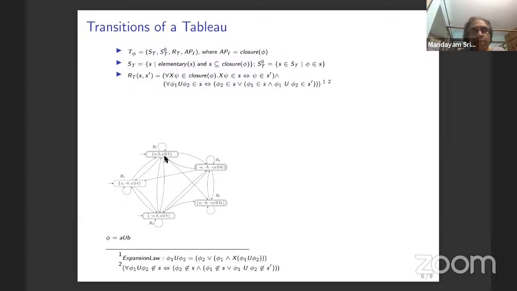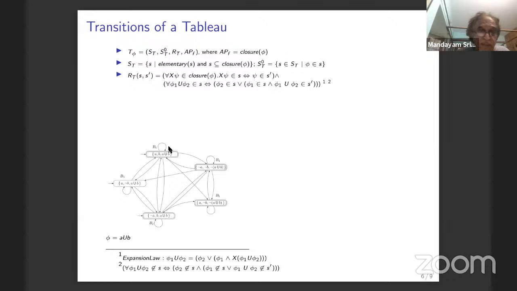So take the example of B1. There it satisfies phi2 of S, because B belongs to it. So phi2 belongs to B1. Therefore, the second part doesn't even figure in, which means S prime can be anything; there is a transition to everything.